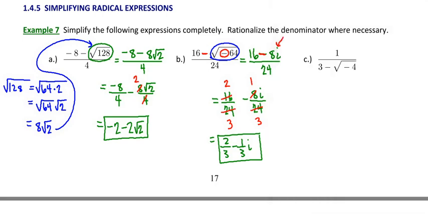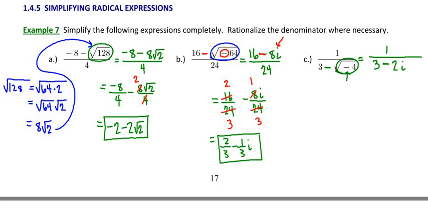Okay, our last example, we have, notice, a radical in the denominator. So we're not only going to need to take care of that, but also observe it's a complex number in the denominator. Let's start by simplifying square root of negative 4. So I'm going to copy the 3 from the denominator. This negative doesn't change, and this negative basically gets eaten by the i.